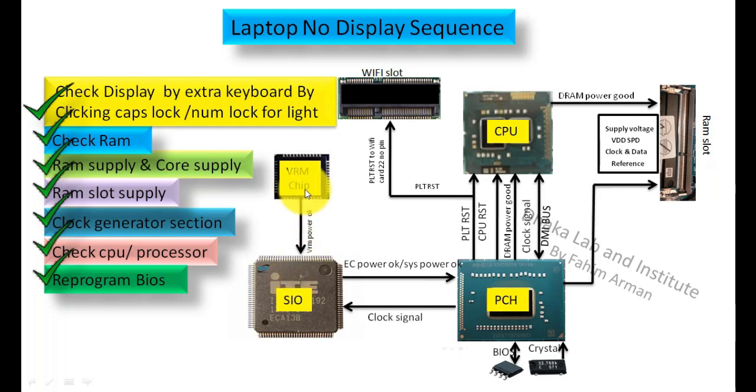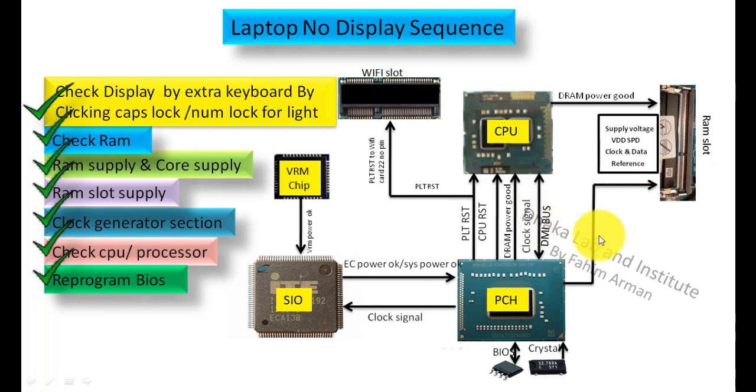You should get the BRM power good or BRM power OK in IO, and you also should get the signals about EC power OK and sys power OK. First the clock should go to IO, then the clock should go to the CPU, and the clock also should go to the RAM slot.